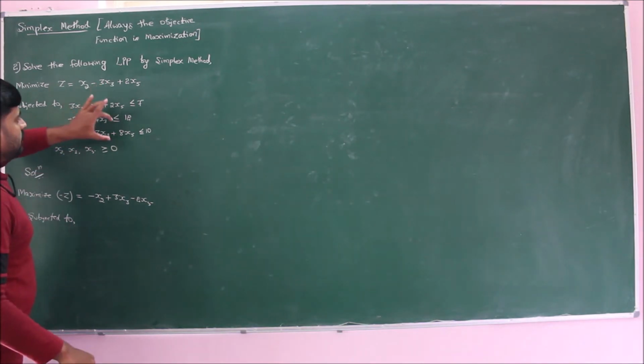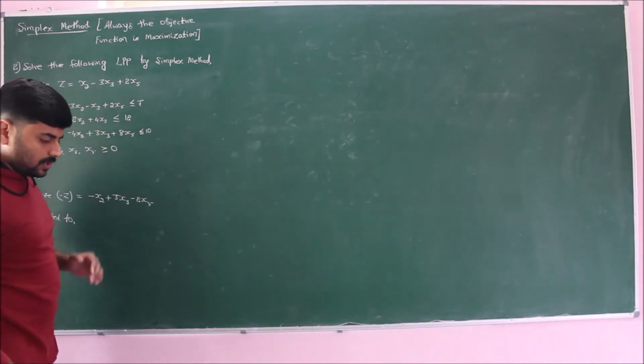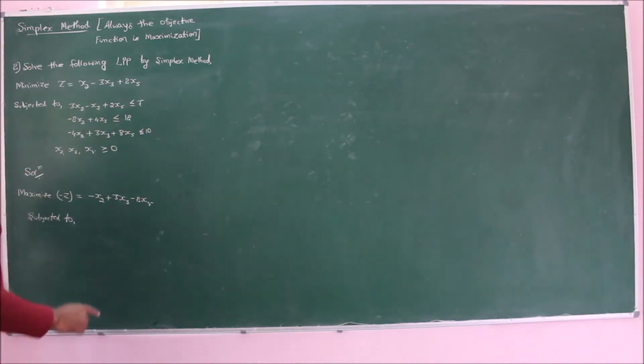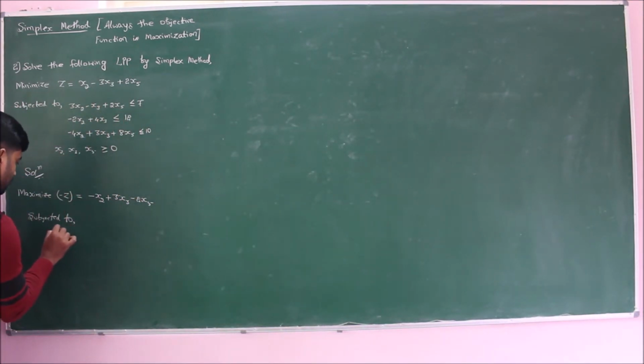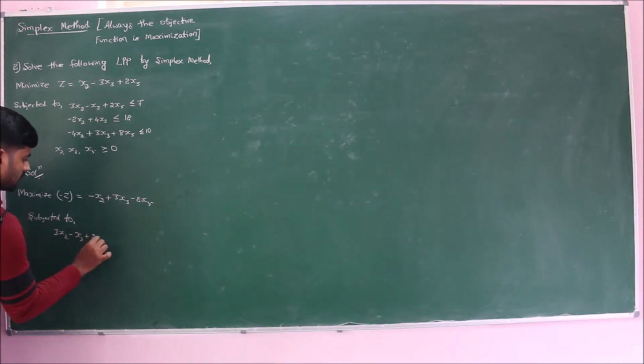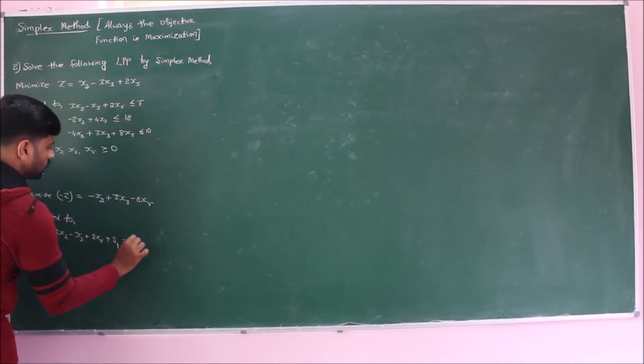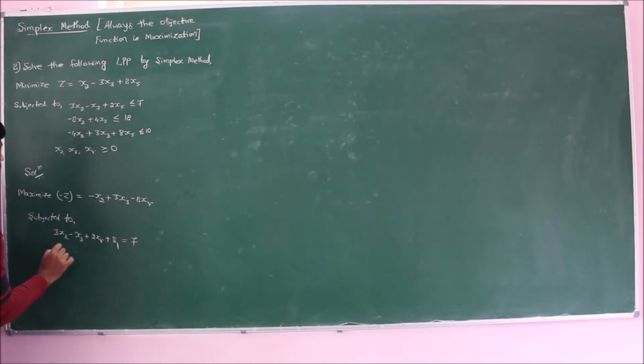now. In order to eliminate the inequalities, I should add slack variables to the left hand side of these constraints. Adding the slack variables, I will get 3x2 - x3 + 2x5 + slack variable s1 = 7. Next we have -2x2 + 4x3.